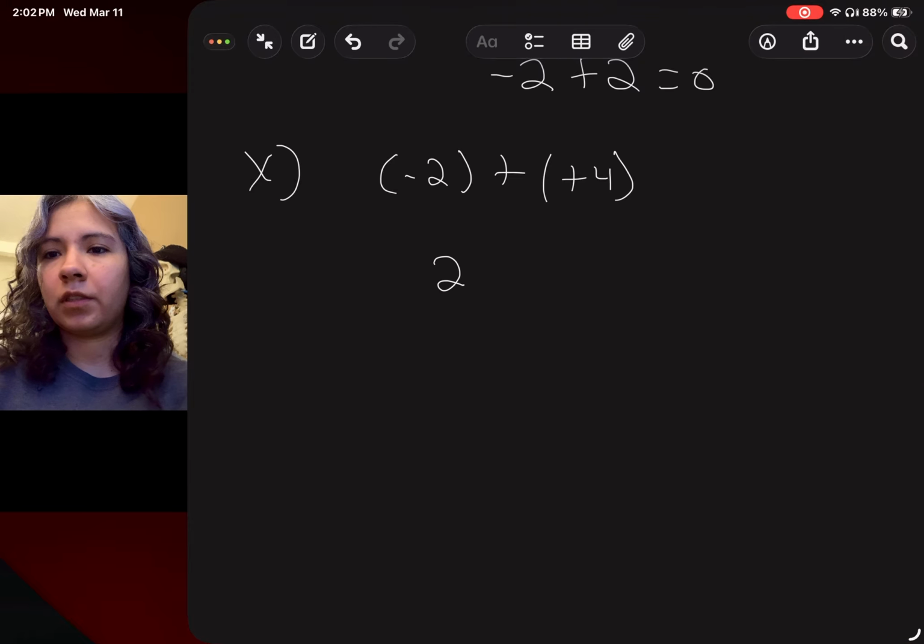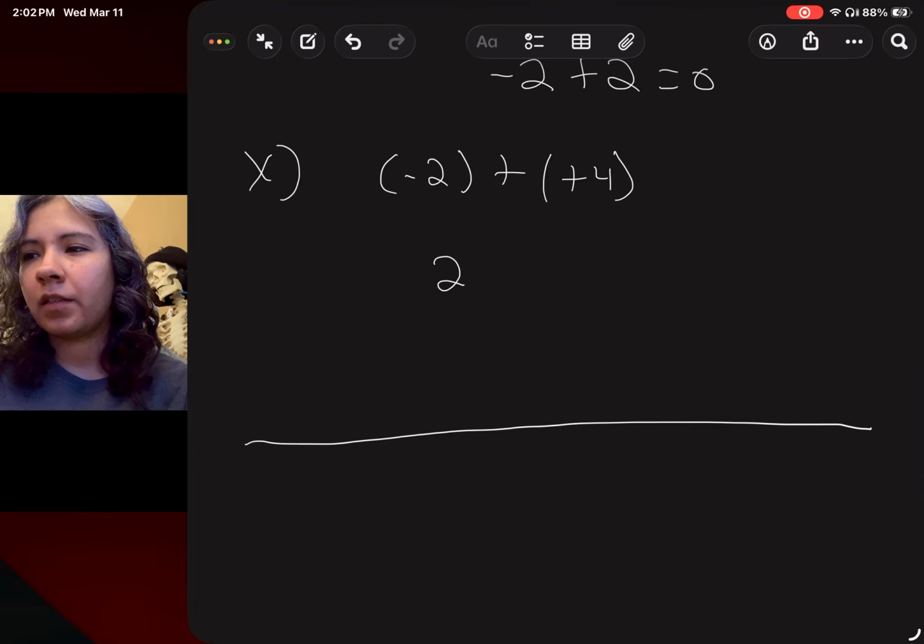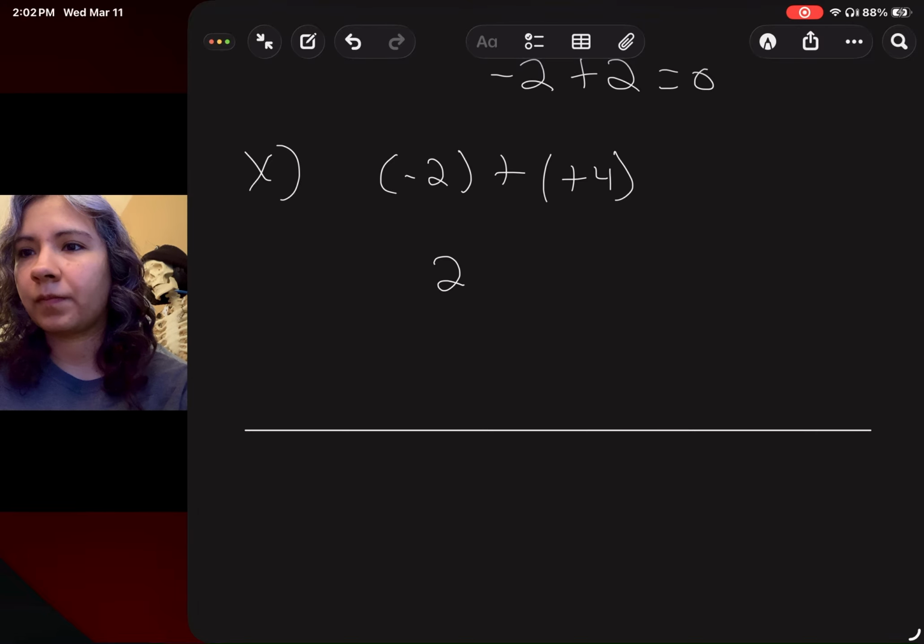But if you want to do it on the number line for visual, let's do 0. Let's go ahead and do -2, right? So this is going to be -2 here. Now we want to add, so we went in the negative direction.